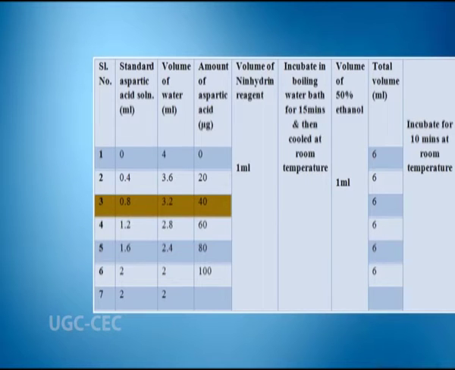In test tube number 3, 0.8 ml of aspartic acid solution and 3.2 ml of distilled water is added. In test tube number 4, 1.2 ml of aspartic acid solution and 2.8 ml of distilled water is added. Test tube number 5, 1.6 ml of aspartic acid solution and 2.4 ml of distilled water is added.